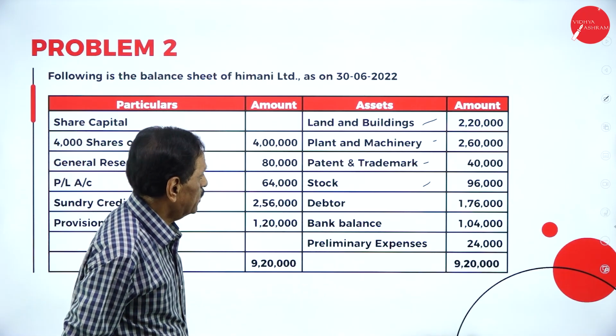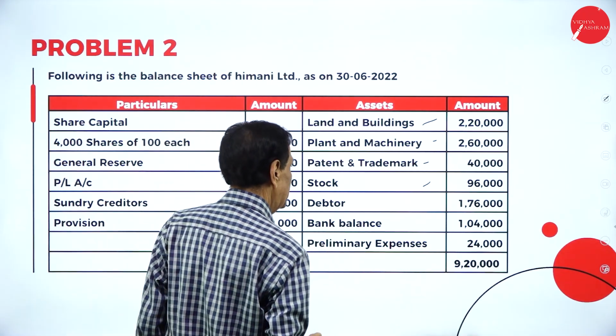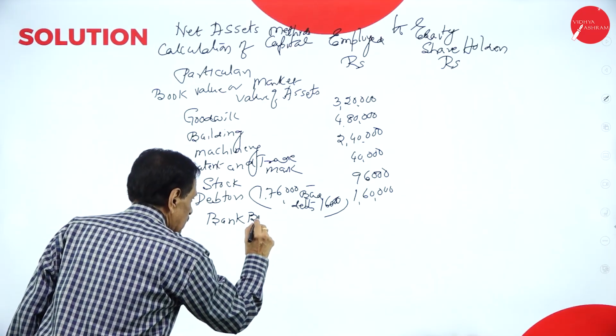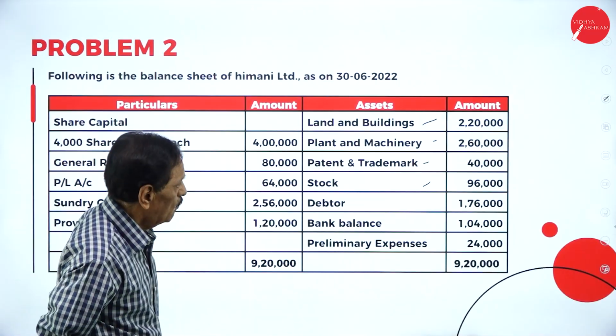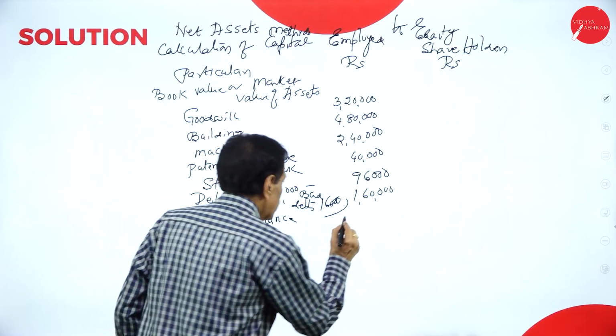Then what is the next one? Bank balance, 1,04,000.